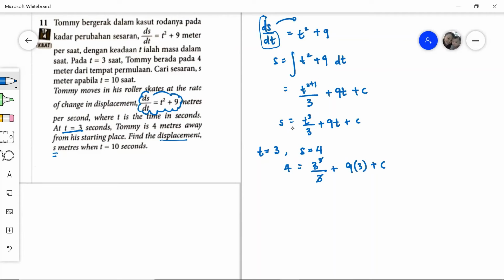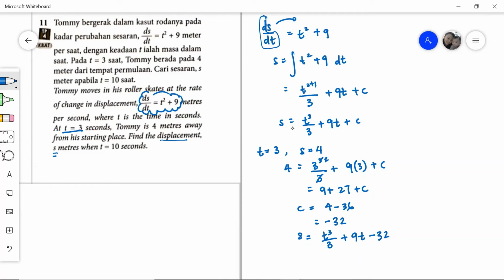So this one we simplify, become 9. So 9 plus 27 plus c. Therefore, c will equals to 4 minus 36, so negative 32. Therefore, s equals to t cubed over 3 plus 9t minus 32.